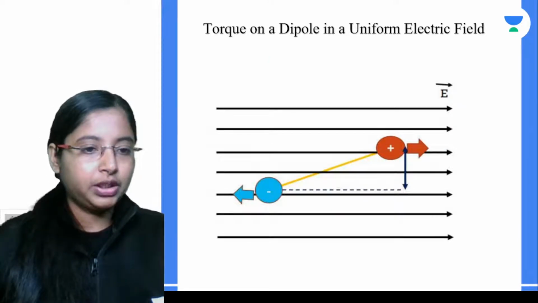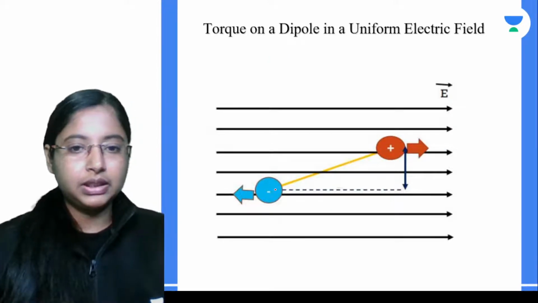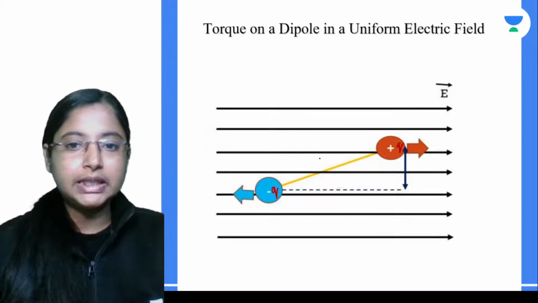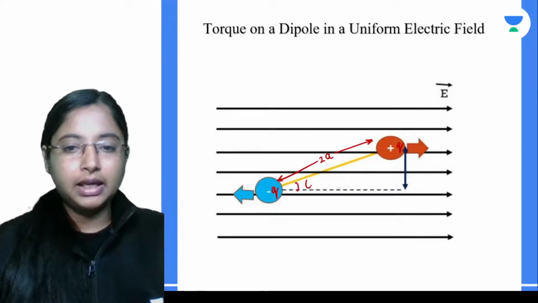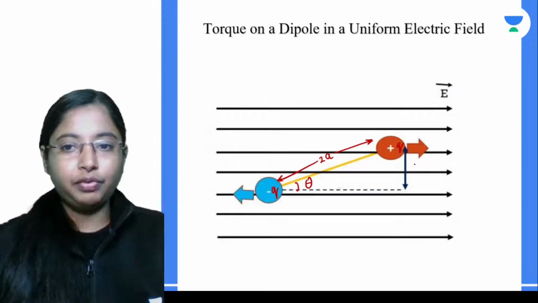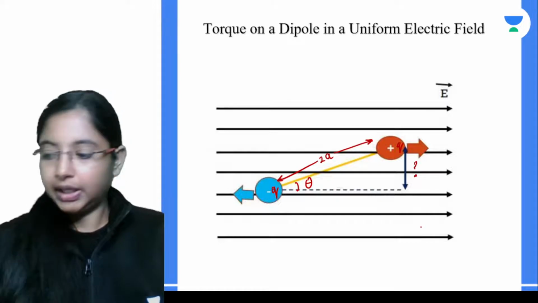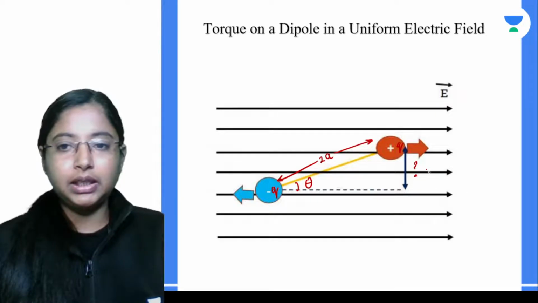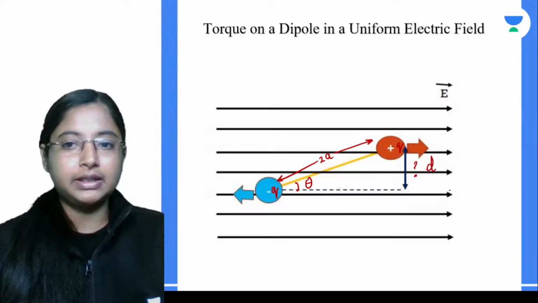What are the quantities we know over here? We know this is a negative charge and this is a positive charge. We know the distance between them is basically 2a, and this is an angle theta over here. We want to find this distance, so let's take this as d.